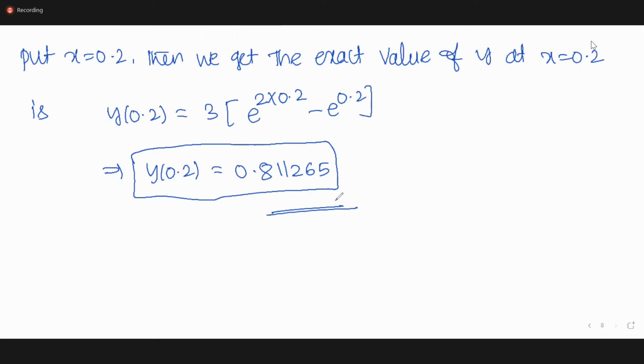So in the Taylor series method, find the derivatives up to fourth order. Already the first order is given.